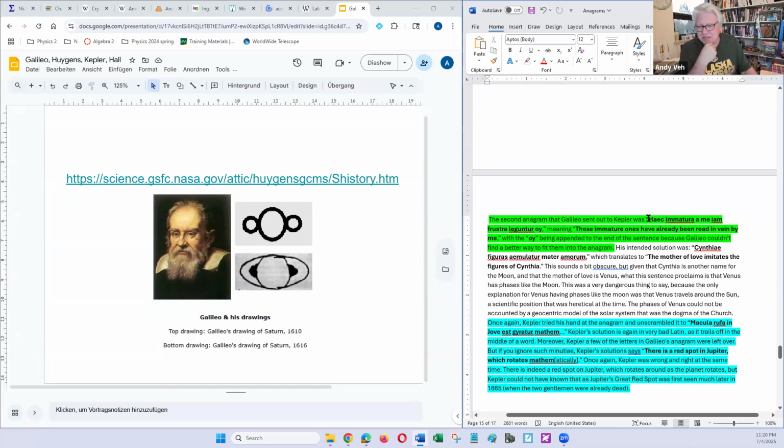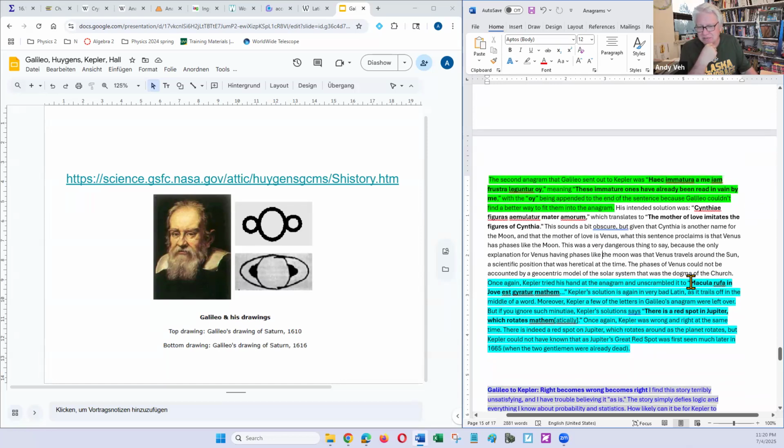Kepler interpreted this anagram here as macula rufa in Jove est juratur matem. Jove means Jupiter. Est means it is, right? And juratur has something to do with a gyroscope, so something that's turning, okay?